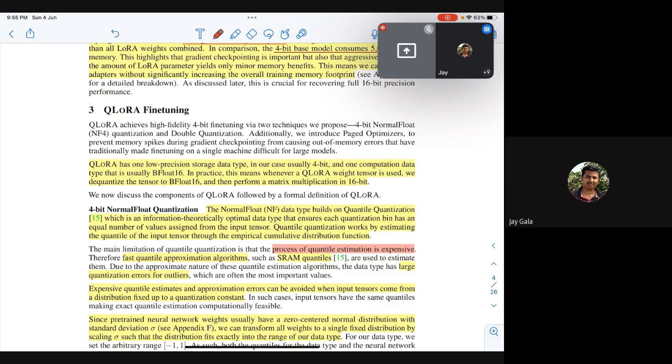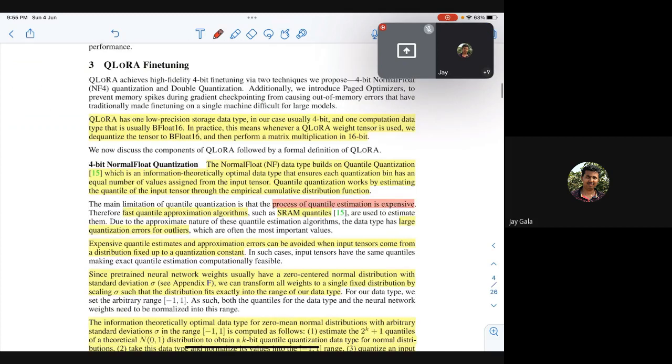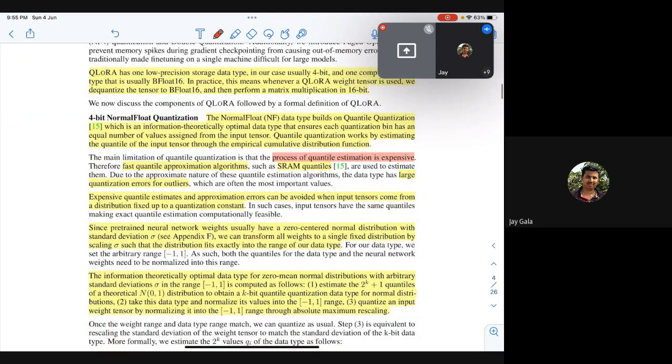That's the consistent notation throughout. So storage of the model parameters is done in 4-bit and operations are done in 16-bit. So far, any questions?